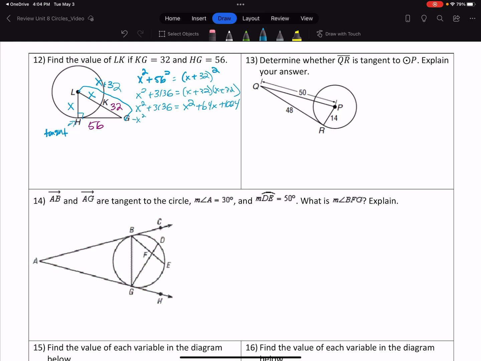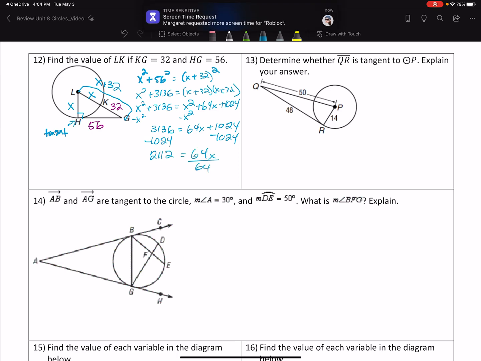I subtract X squared, 3136 is equal to 64X, and I realize this is not a factoring problem. Minus 1024, minus 1024. So that's going to be 2112 is equal to 64X, divide by 64, divide by 64. X is equal to 33, and you're done.